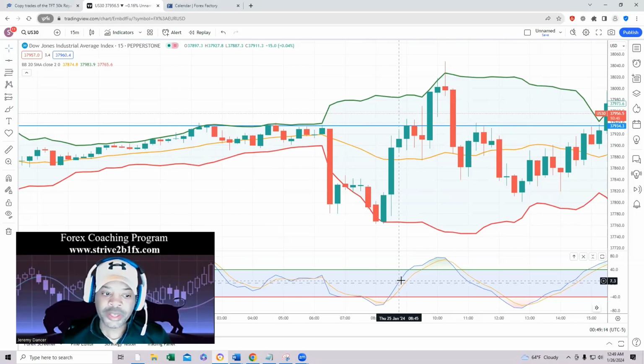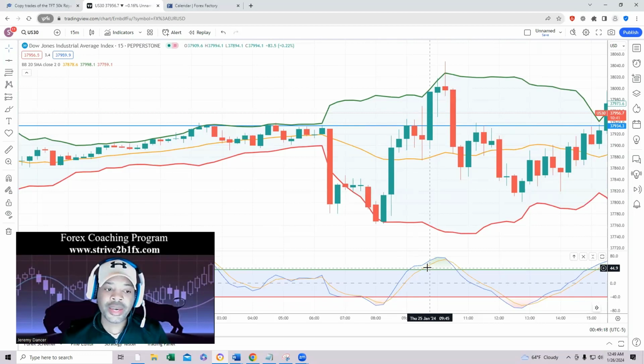So I am keeping this upgraded version of stochastic. You need an indicator that's going to show you momentum. Whether you use CCI or RSI or stochastic, whatever oscillator you use, make sure you are factoring in the strength of the momentum of the currency pairs that you're trading.